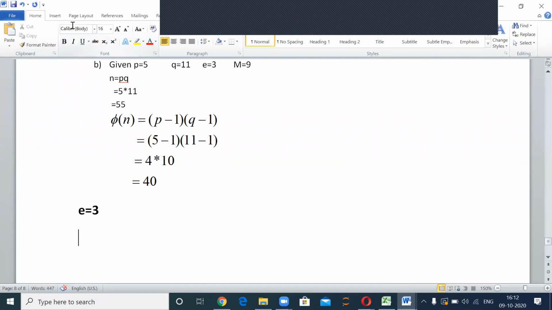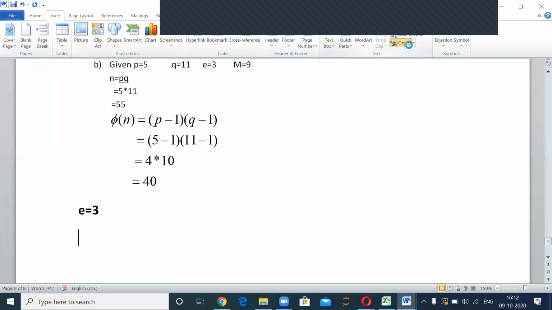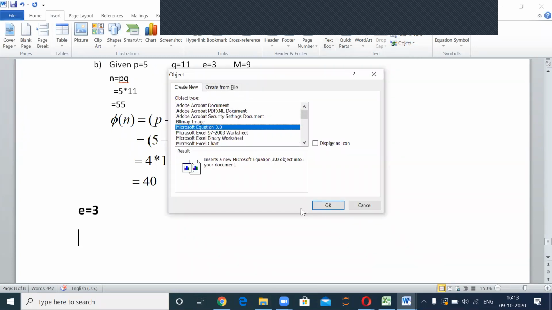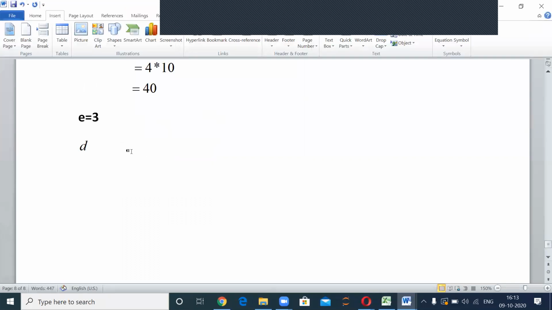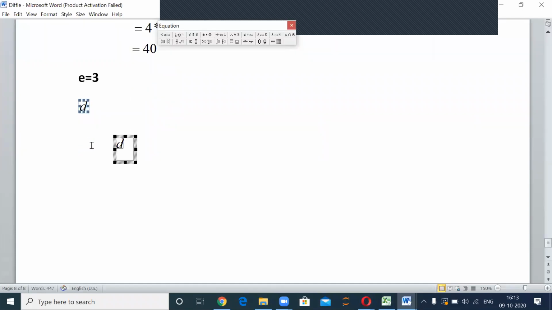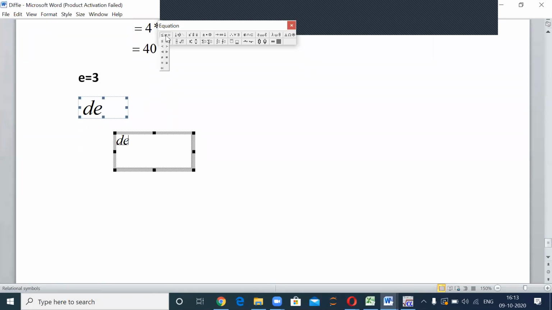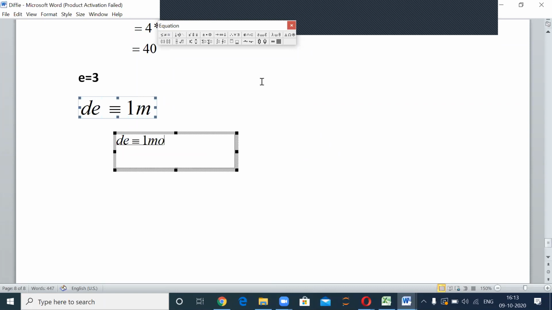You know how to calculate the D value in the RSA algorithm, using the formula D congruent to E power minus 1. This can be written as DE congruent to 1 mod phi of n.